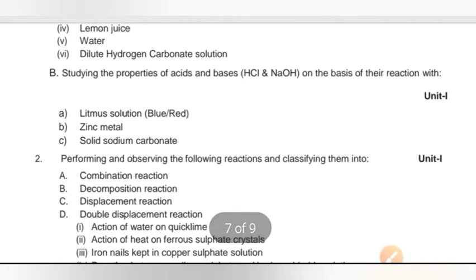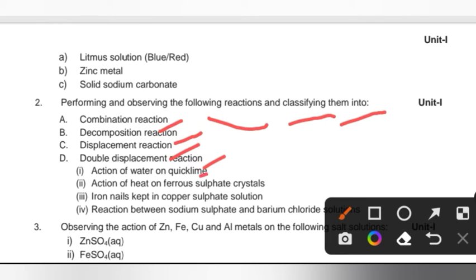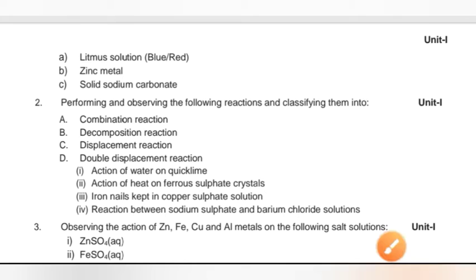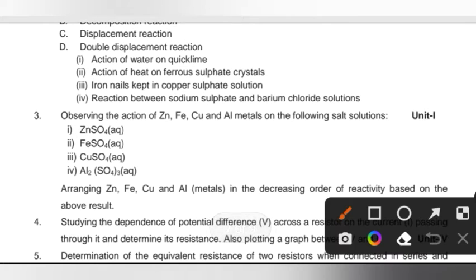This is the second practical. Third is performing and observing the following reactions and classifying them as combination, decomposition, displacement, double displacement: action of water on quicklime, action of heat on ferrous sulfate, and so on, which we can observe with the teacher's help. That is the third practical.